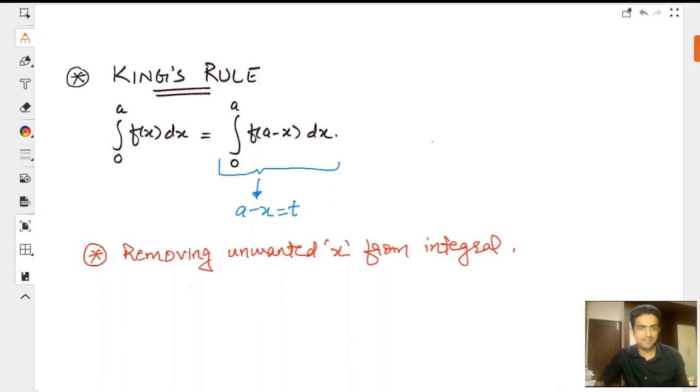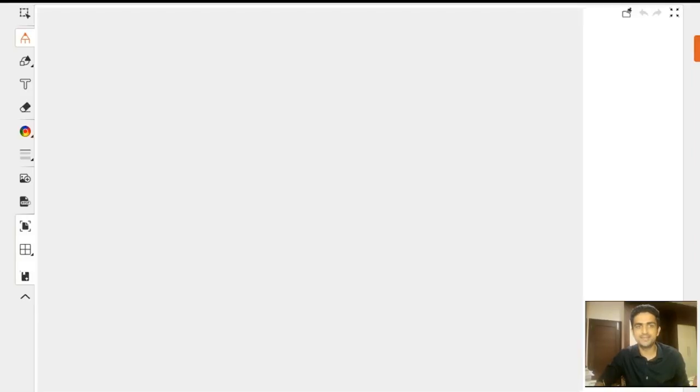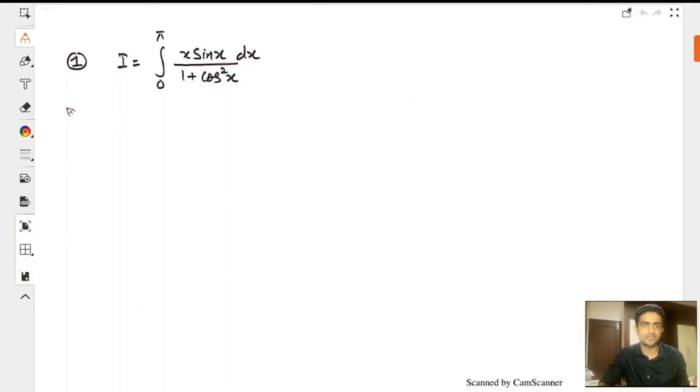Let me just clarify that statement by an example. Just look at this question. I want to integrate x sin x upon 1 plus cos square x.